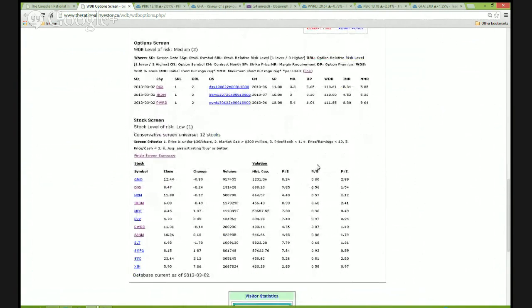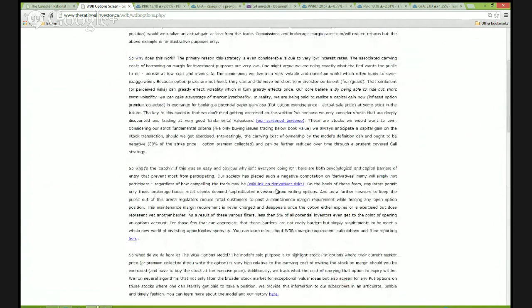Like I said, retail investors don't write put options, so it doesn't surprise me that institutions do these trades all day long because they get paid to do them. Whereas Joe Sixpack investor can't or really won't do it. It's not necessarily that they can't; it's that they won't because of a whole bunch of perceived barriers.